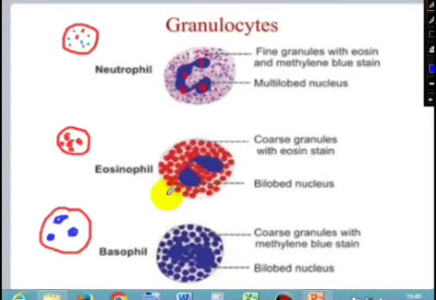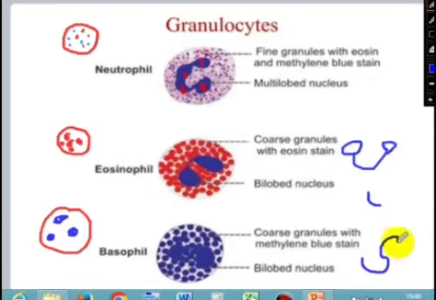Look, you have this for eosinophils. Then this is one nucleus, this is the second nucleus. And then you have this for basophils. If you examine the nucleus of basophils, you see that they are kidney shaped.